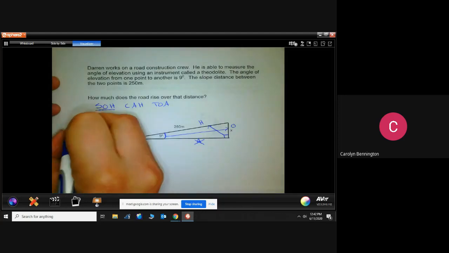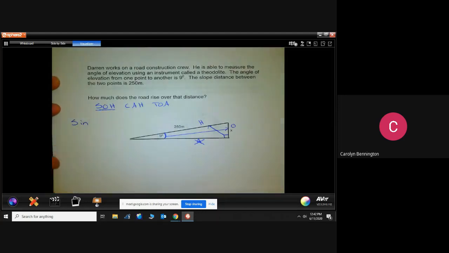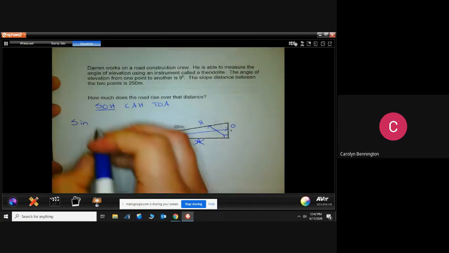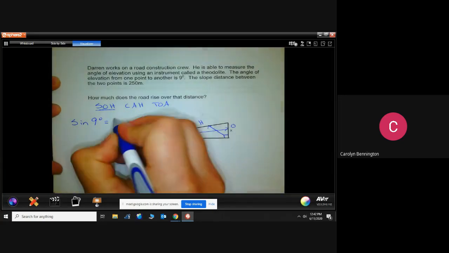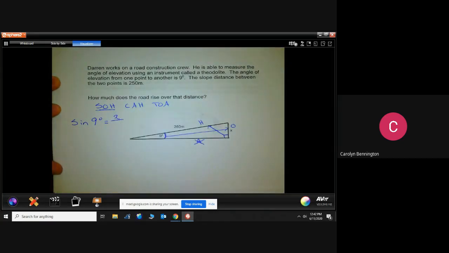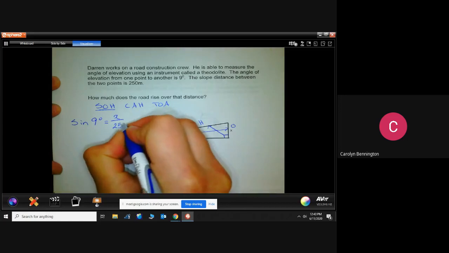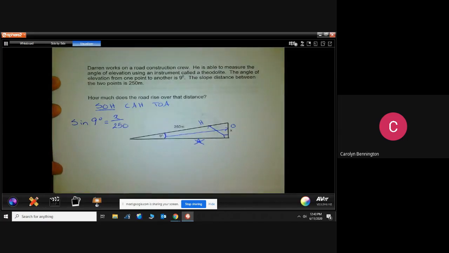That tells us that we're going to be using our sine ratio, and we've got the sine of the angle that we're working with. So sine of 9 degrees equals the opposite side of x over the hypotenuse of 250 meters.